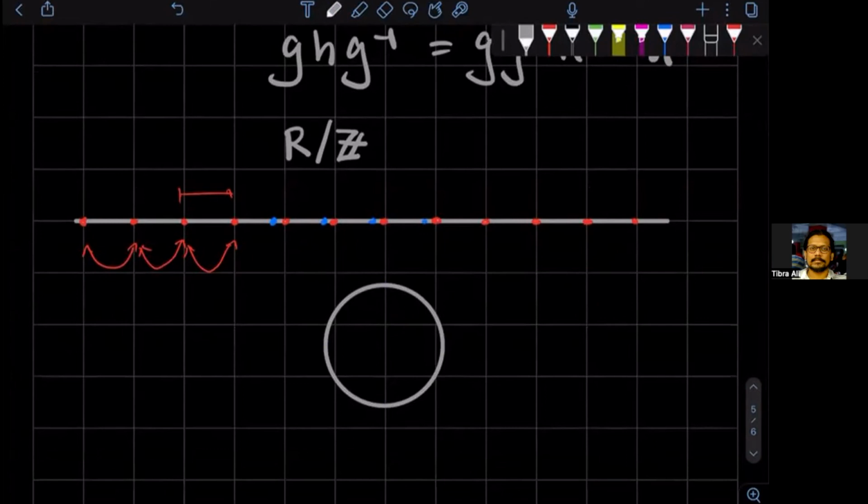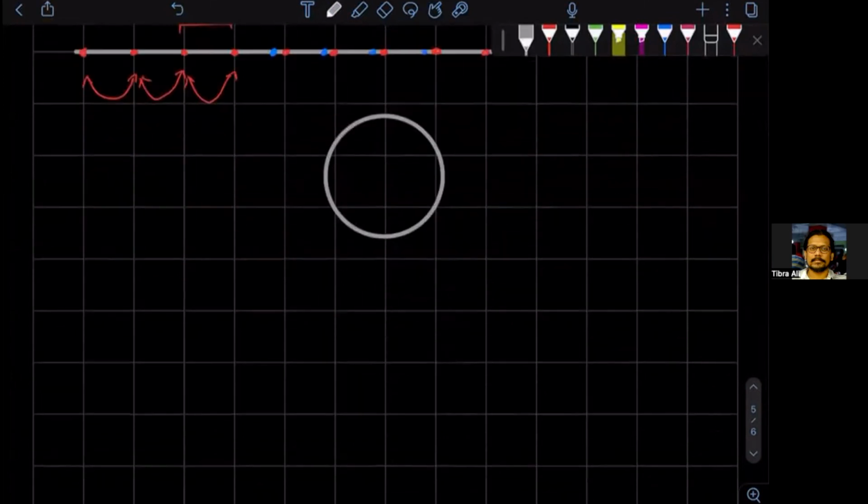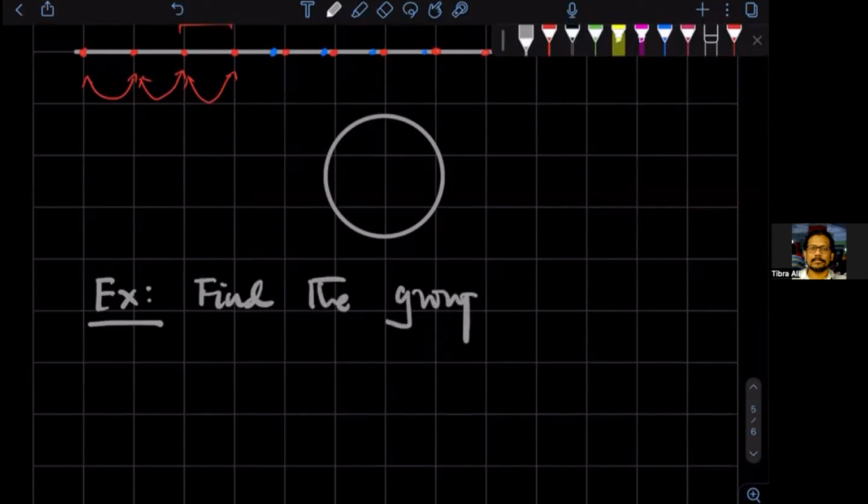Now, the exercise I want to give you, and it's a fun exercise, so it's not going to be a blue exercise, but I would recommend that you do it. It's very highly recommended. Find the group operation on the circle.